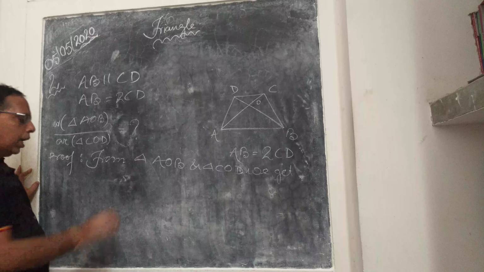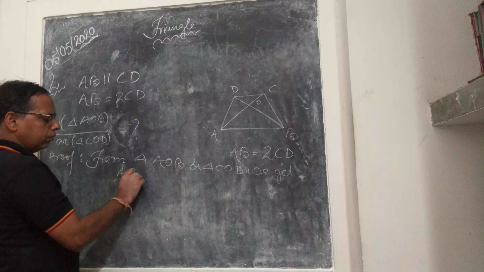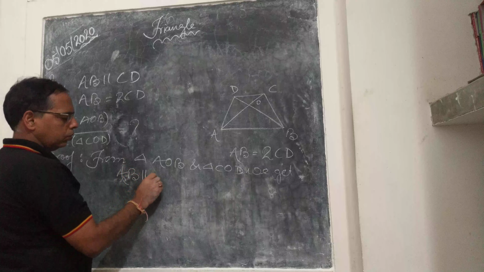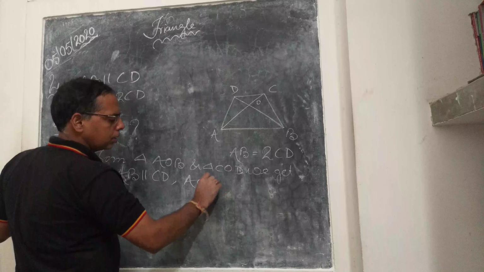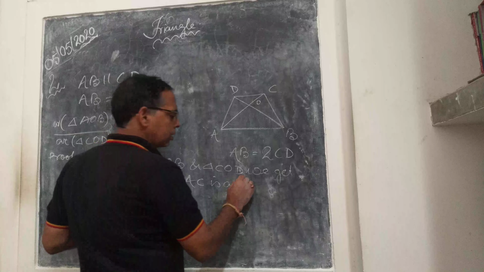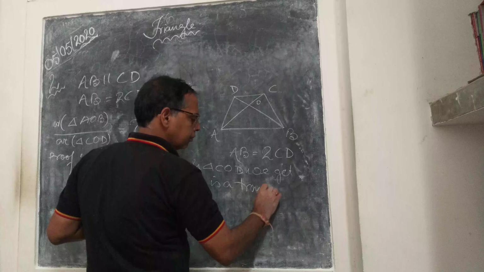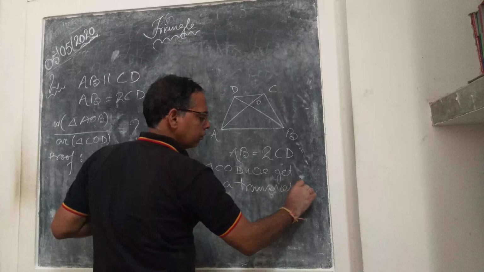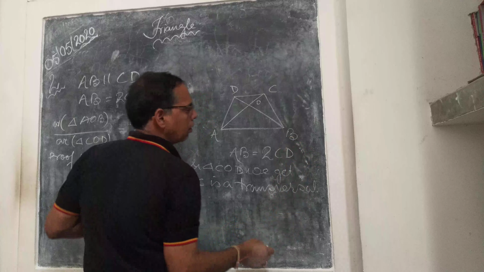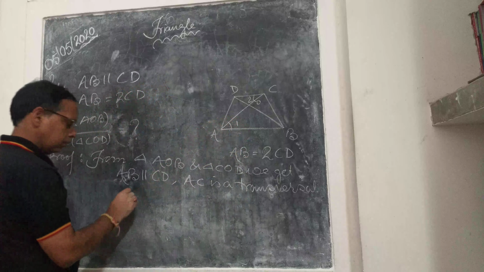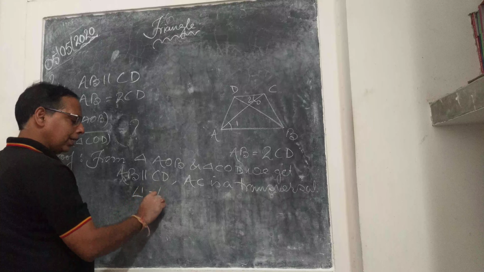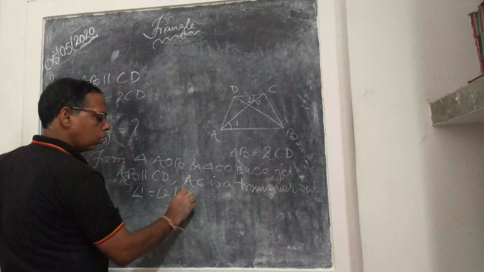See, AB parallel to CD, and AC is a transversal. Then angle 1 equals angle 2. Why?